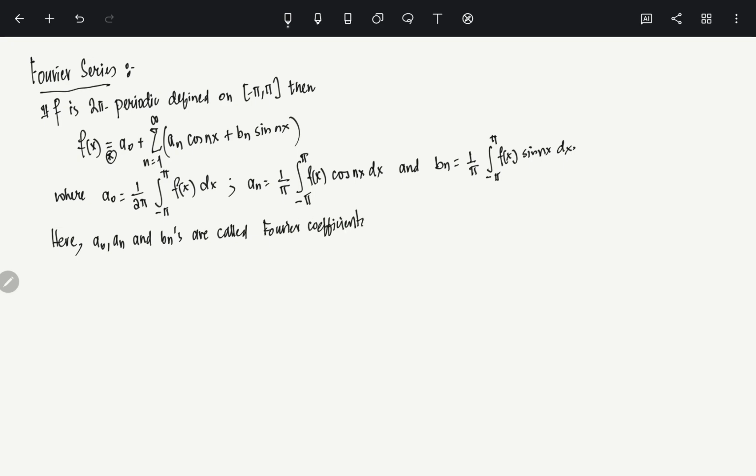So if you represent f in terms of a series like this, then this will give you the Fourier coefficients of f. This holds for all n greater than or equal to 1, please remember.